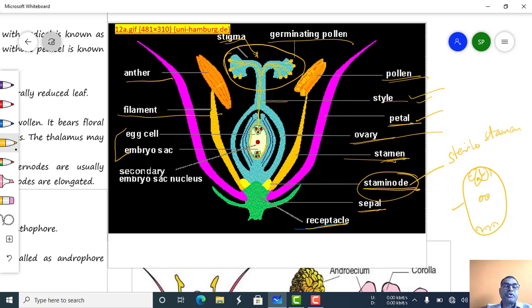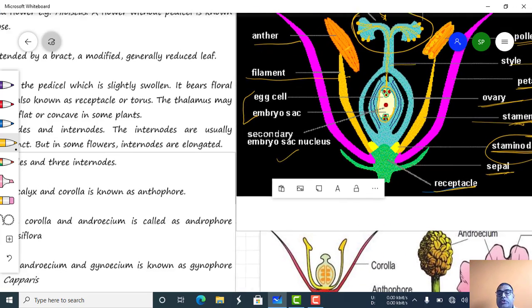This is the embryo sac. The secondary embryo sac nucleus is formed by the union of two polar nuclei, which are located in the center of the embryo sac before fertilization. So this is about the flower.